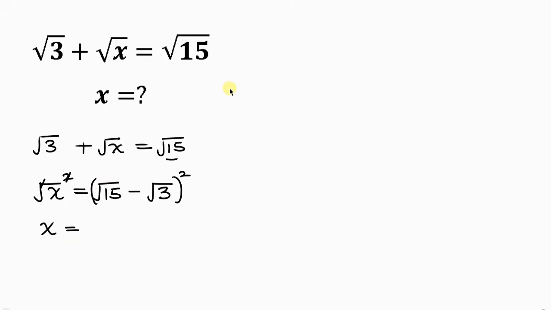It is of the form a minus b all raised to the power of 2, and this has an identity of a squared minus 2ab plus b squared. If we compare, you see that this a is our square root of 15 and b is our square root of 3. So let's write this in this form.